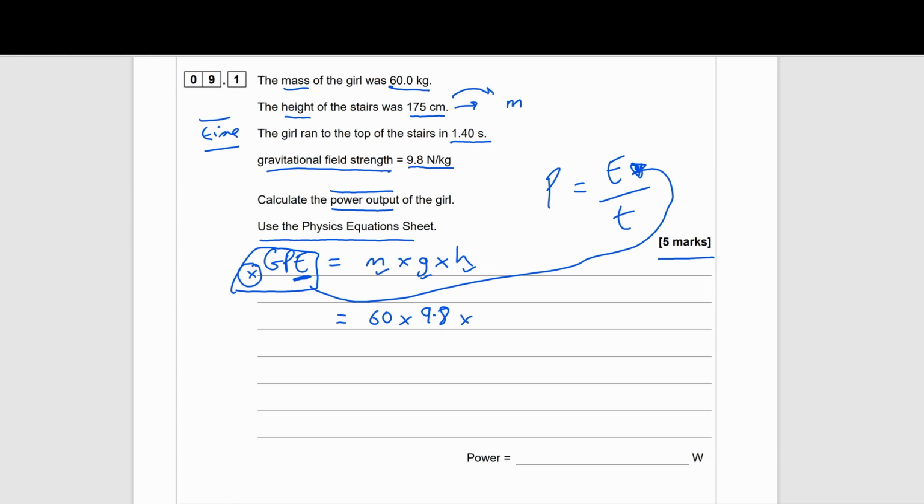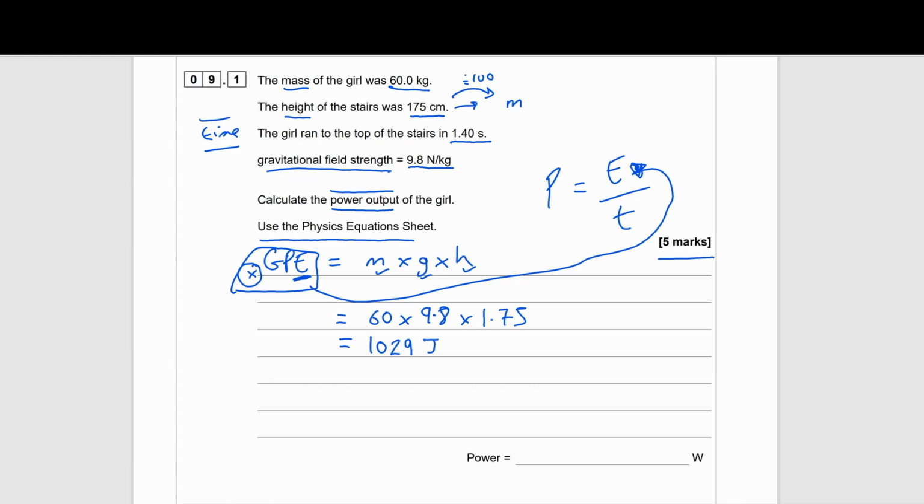So to convert centimeters to meters, we need to divide by 100. So 175 divided by 100 should be 1.75. So if we calculate that now, that will give us a value of 1029. So we've got 1029, and that will be in joules, of course.